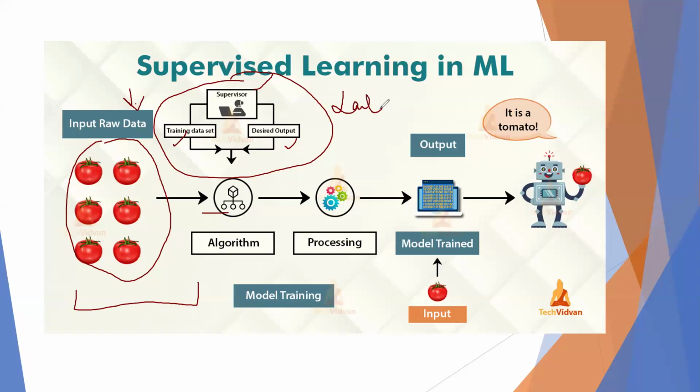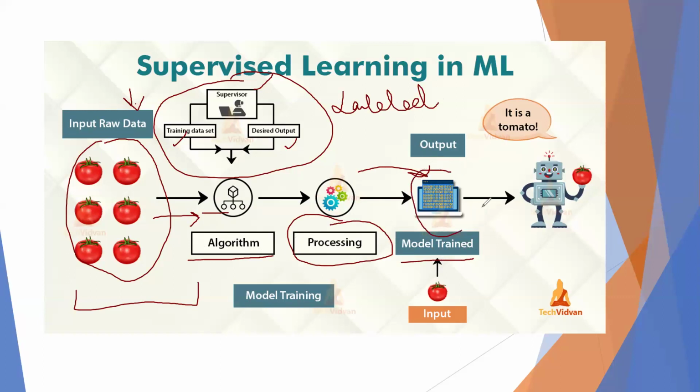The term used here is labeled data. So these images are labeled and we are using some machine learning algorithm. We process with these algorithms and on the basis of data processing, we supply this input data to the machine learning algorithm as an input.